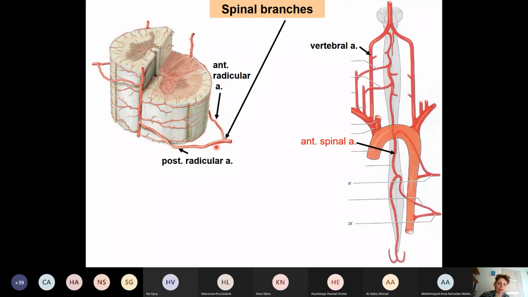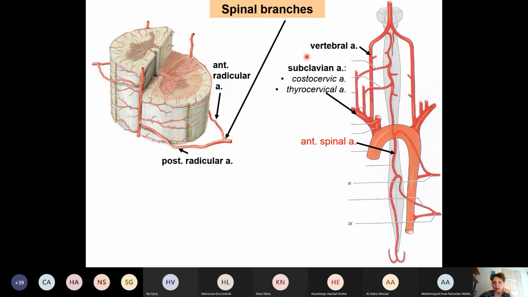As you can see here, the spinal branches drain into these anterior or posterior spinal arteries, and these arteries originate from more arteries.